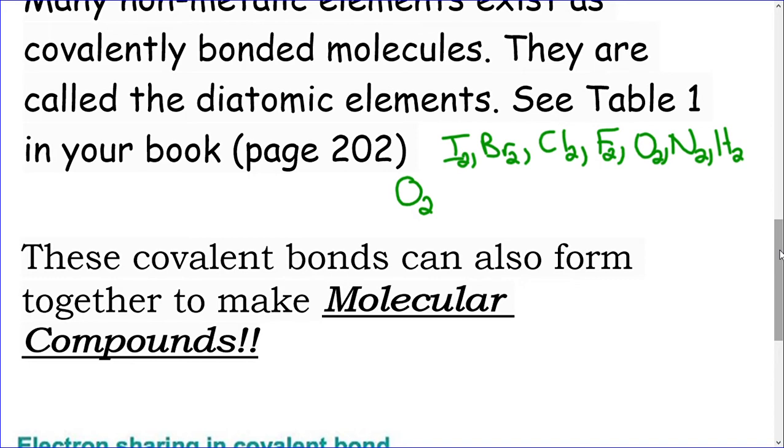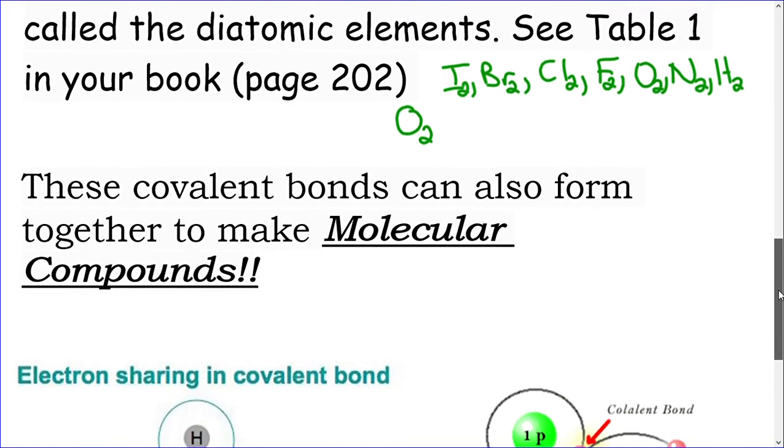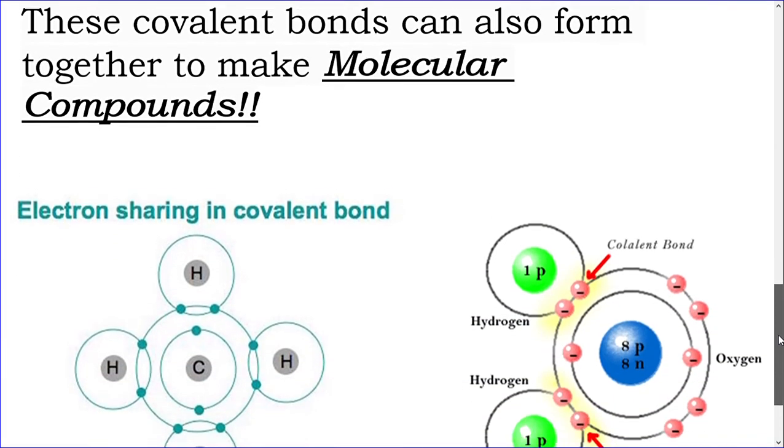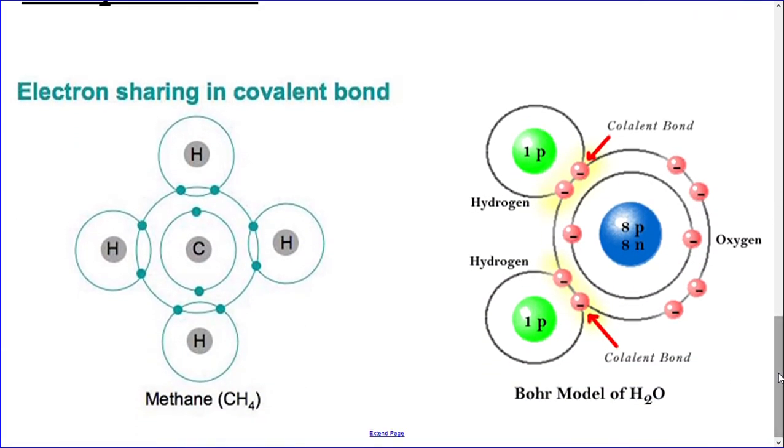These covalent bonds can also form together to make molecular compounds. Just like our hydrogen, let's look at a couple of different examples. On the left is a Bohr model of carbon, and we can see that carbon has 2 electrons in its first shell. That makes sense. Then its outside shell has to have 8. Well, carbon only has 4 electrons in its outside shell. It has 4 valence electrons.